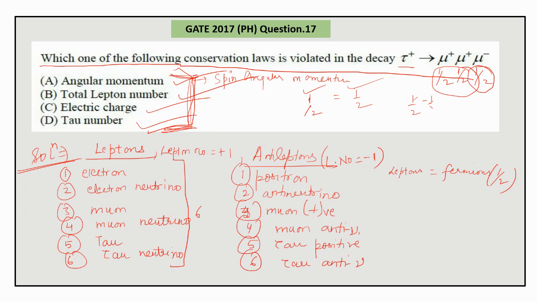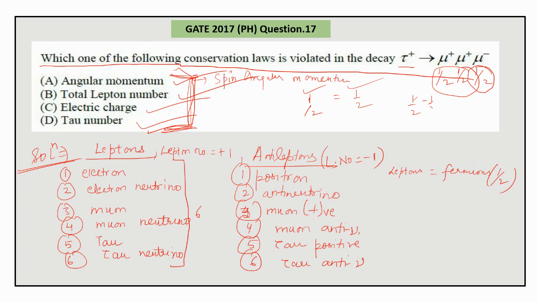We don't know about the other combination, but if it is a multiple choice question like this, which one of the following conservation laws is violated in the decay like this? So you can consider this one.